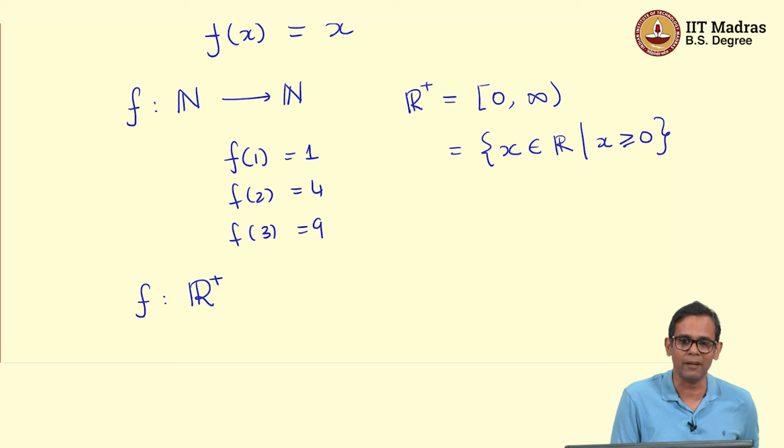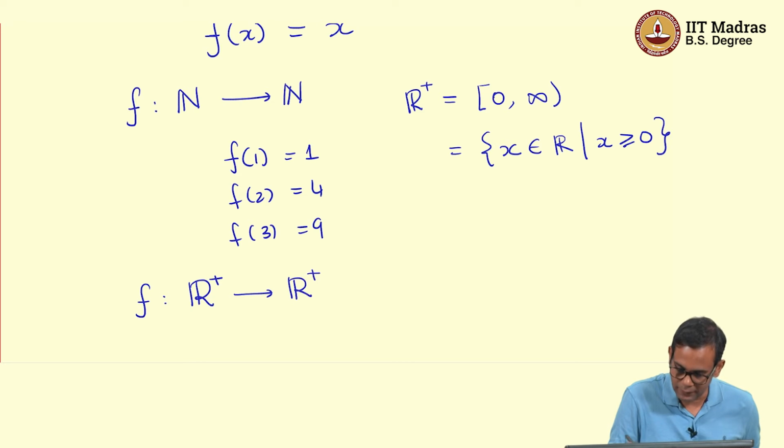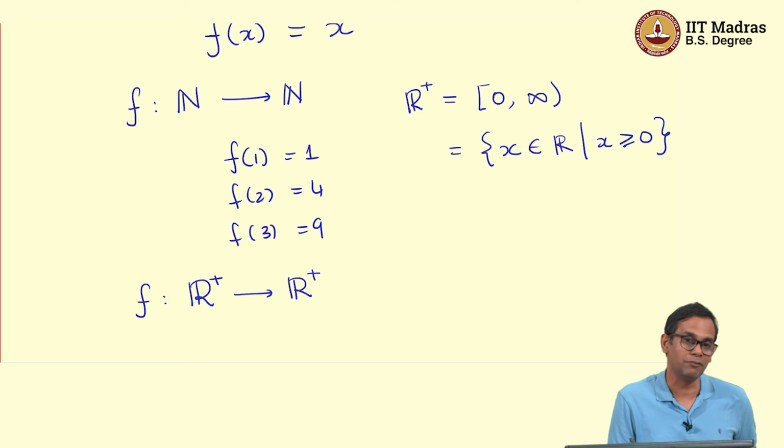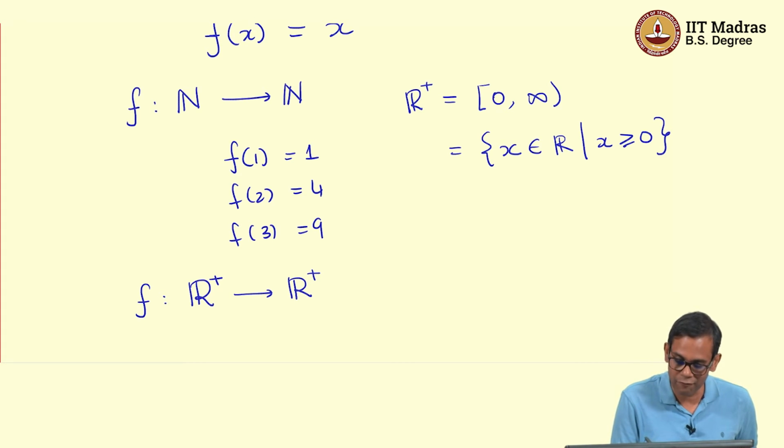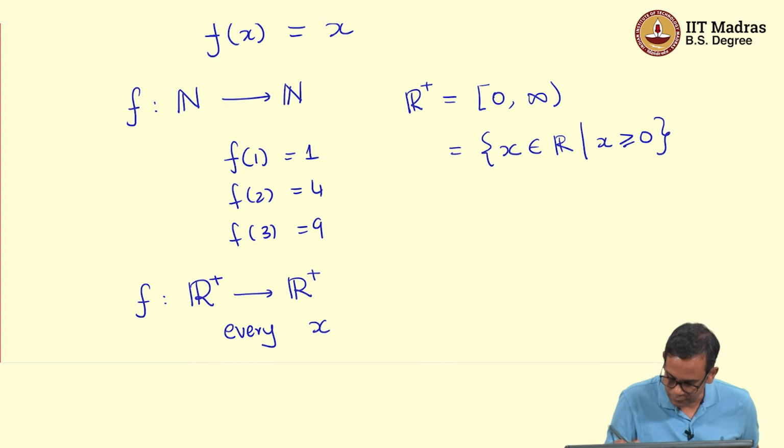So, if I think of f as a function from R plus to R plus, then it is a fact that every positive real number has a square root, and so every value in R plus is taken by this function. So, every y in R plus is a value of f.